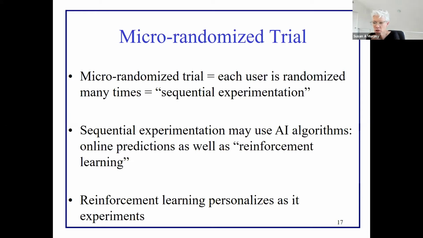I'm sure most of you have heard of machine learning, and there's 3 areas of machine learning: supervised machine learning, unsupervised machine learning, and reinforcement learning. Reinforcement learning has to do with sequential decisions as to when to send the messages and what kind of message. And the idea is reinforcement learning personalizes as it experiments with you, with the user. So I have to explain what I mean by that.